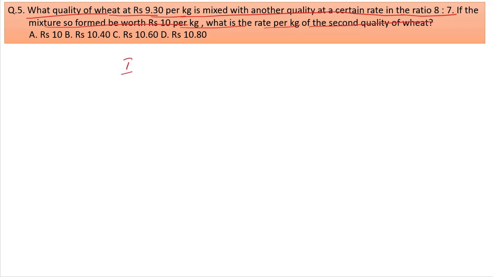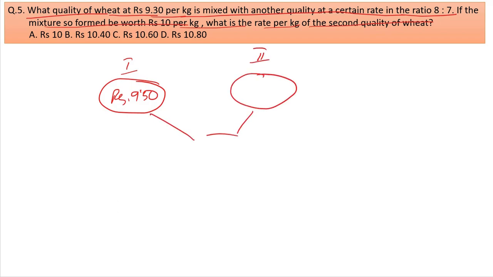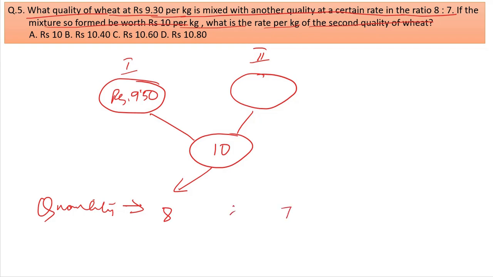We have the first quality at rupees 9.3 per kg. The second quality we do not know, and the overall mixture is rupees 10 per kg, and the quantity ratio is according to the question 8 is to 7. The difference is 10 minus 9.3, which is 0.7.